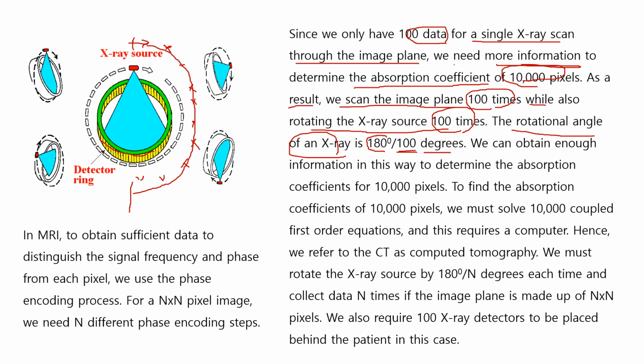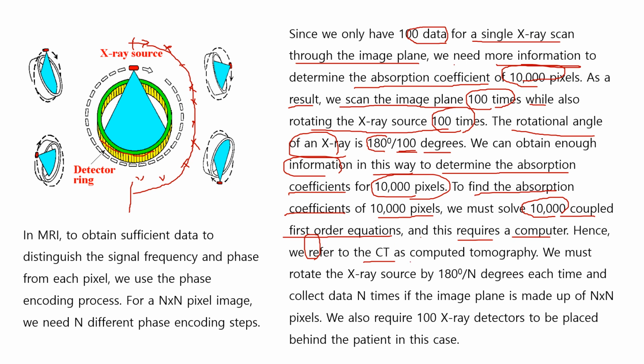So we can obtain enough information in this way to determine the absorption coefficient for 10,000 pixels. To find the absorption coefficients of 10,000 pixels, we must solve 10,000 coupled first order equations, and this requires a computer. Hence, we refer to the CT as computed tomography.